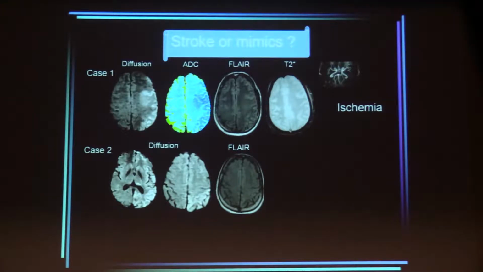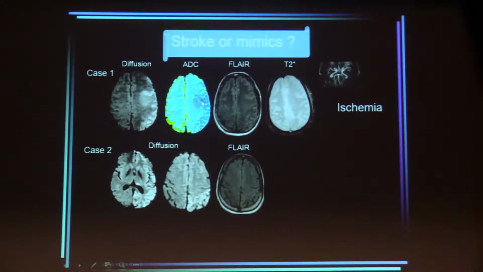Now, I showed you the typical patterns of acute ischemic stroke, and this slide is to show you that using MR, as you probably all know, allows you to distinguish between arterial ischemic stroke and what we call stroke mimics. On the first row of this slide, you have a typical case of acute stroke.